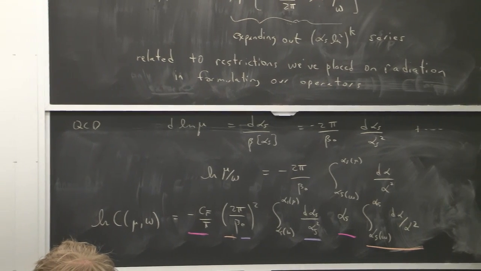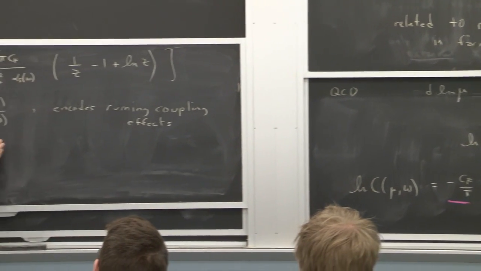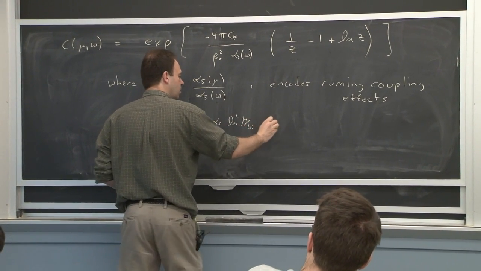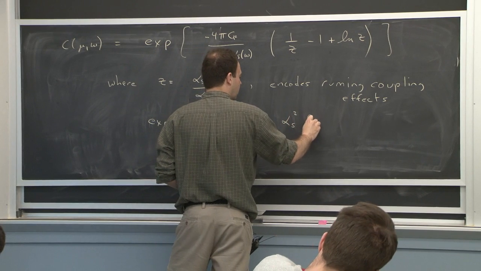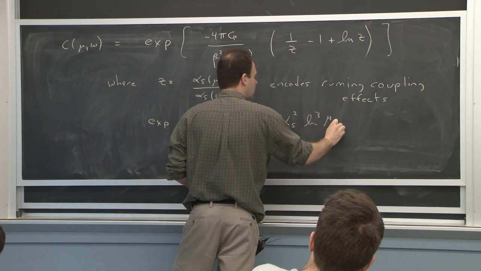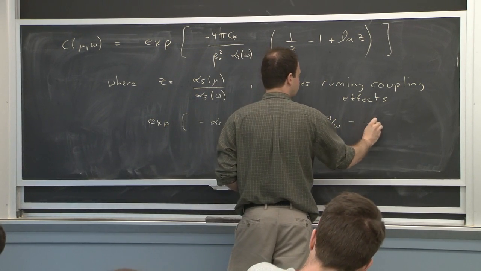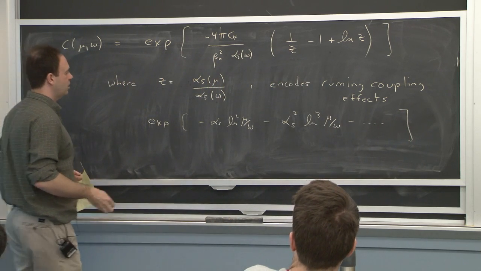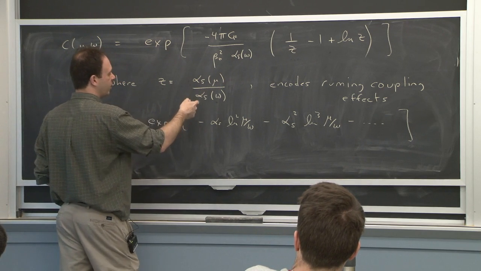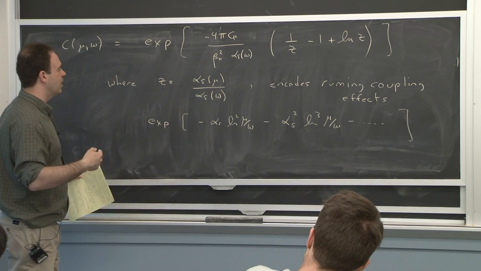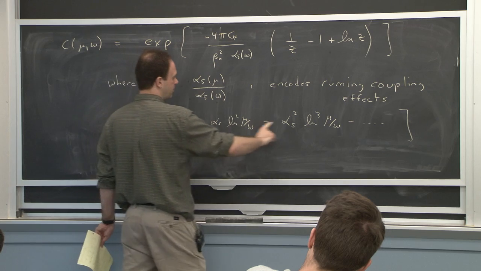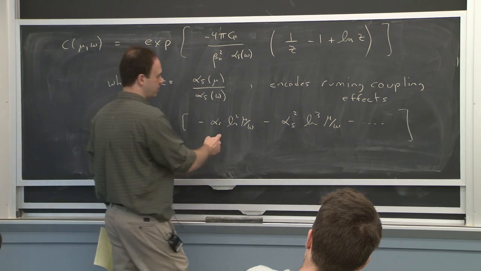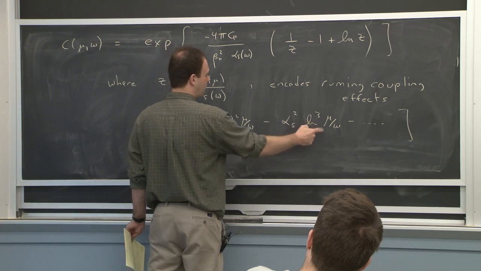The structure of that infinite series would be alpha log squared mu over w, alpha squared log cubed mu over w, etc. So in the exponent, a running of the coupling is only giving you one log for each alpha. The series that I'm summing in the exponent by taking into account the running coupling is a series of this form, where I go down by one alpha and down by one log.